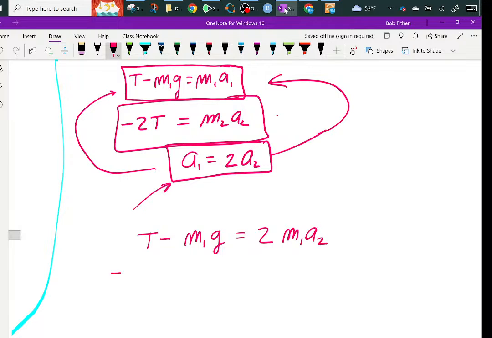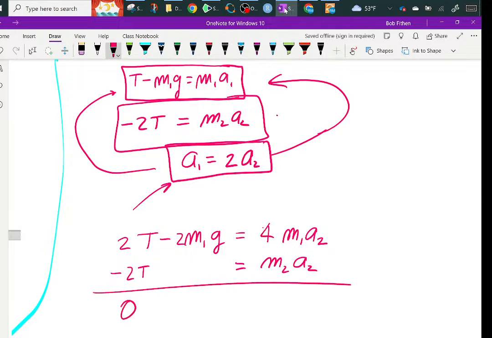And then minus 2T equals 2M2A2. Then if I just multiply the top by 2, and then add them, we get 2M1G equals M2 plus 4M1 times A2.